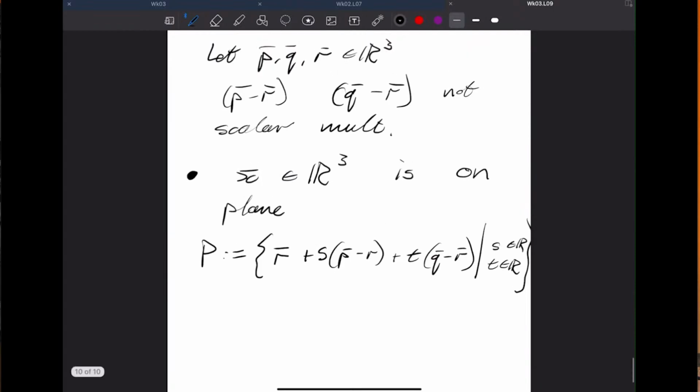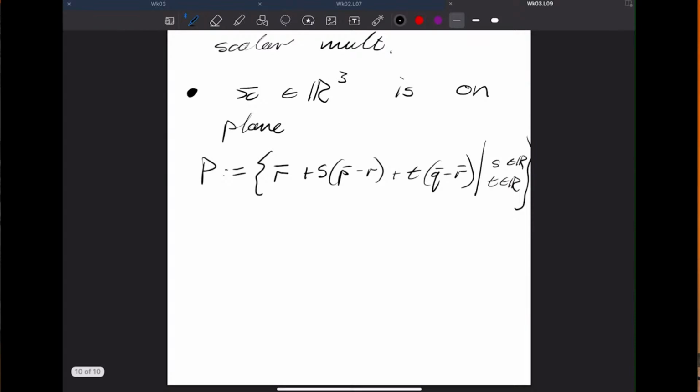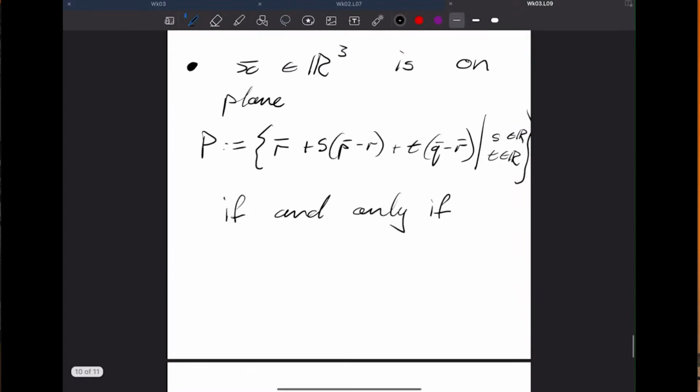So a point X is on the plane if and only if this point X satisfies the following equation. So N dot with X minus R is equal to 0.